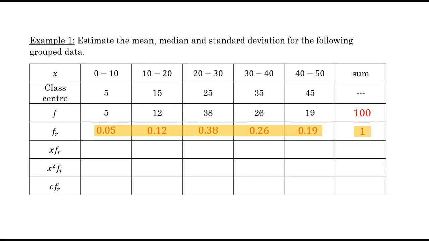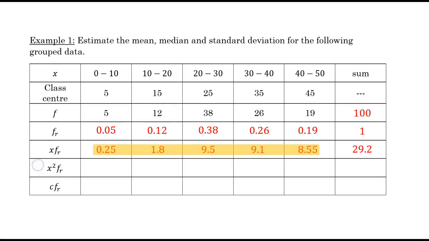Now, to find the mean or expected value, I multiply the value by its probability, in this case my class centre times the relative frequency, so 5 by 0.05 is 0.25, 15 times 0.12, and so on. So I find all of those products and then add those together.